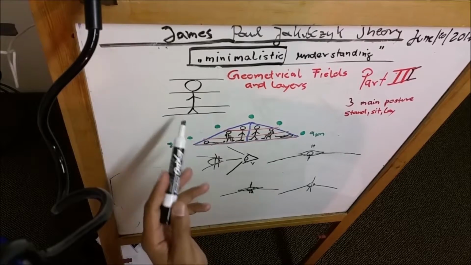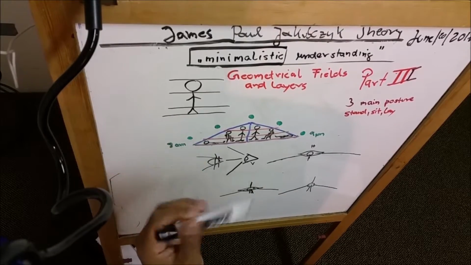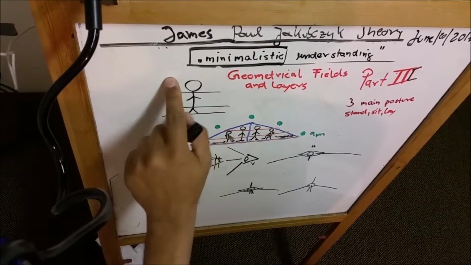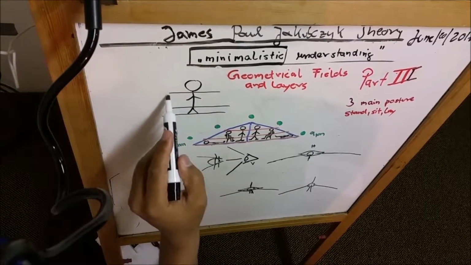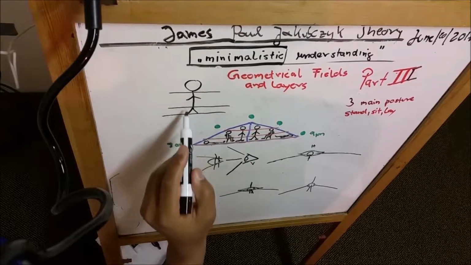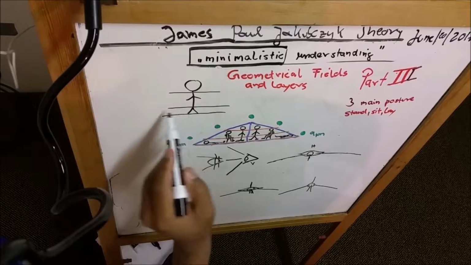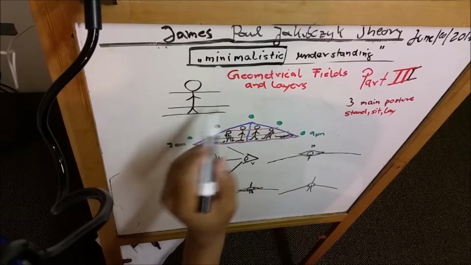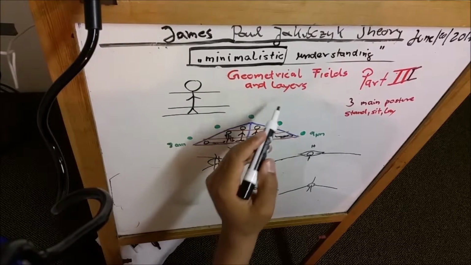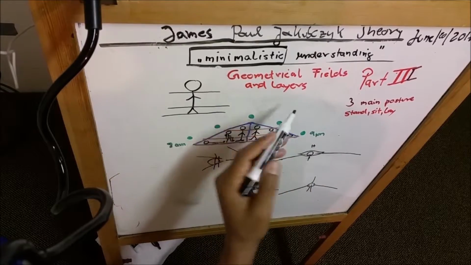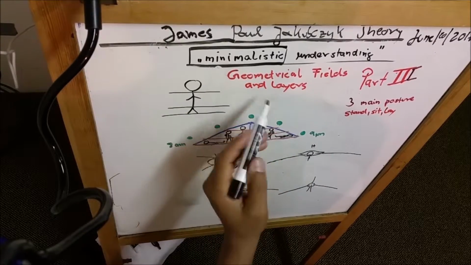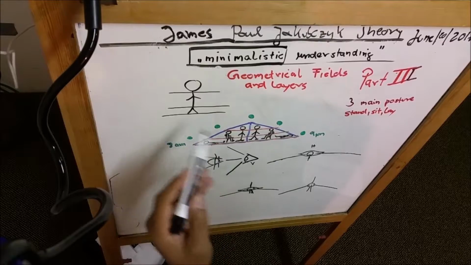We also said that the human being has at least 3 main layers: the head layer right here, the upper body layer, and the ground layer. I say geometrical fields, but I very often say layers because it's easier to speak. These are geometrical fields, areas.